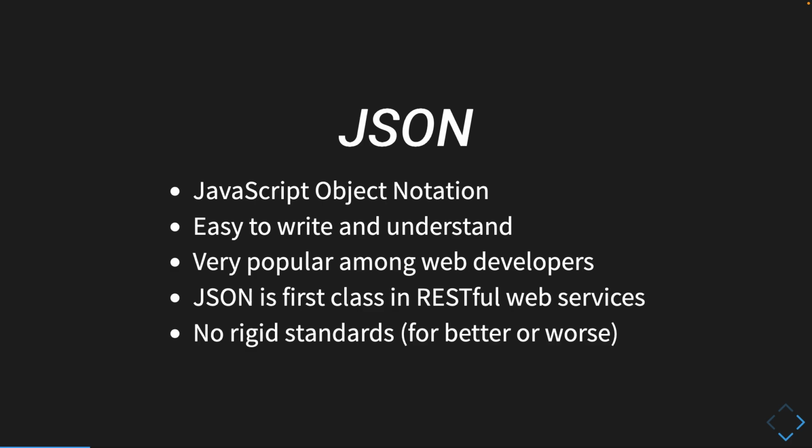There are no rigid standards on JSON other than the fact that JSON is a standard itself. But the good part is you can create dialects of JSON to serve a specific information community. So GeoJSON is JSON with some geographic rules to provide geospatial data through the JSON format.